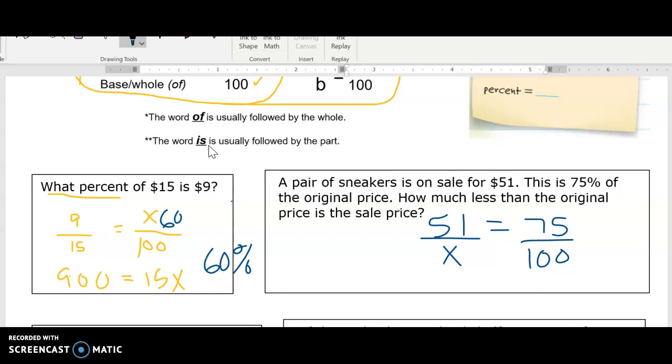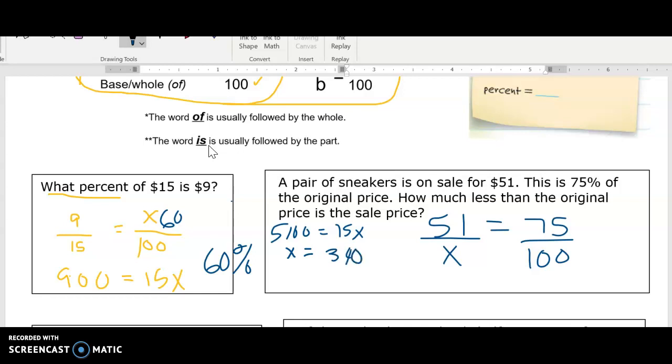So this is multi-step. So you're going to cross multiply. So 5100 equals 75x. X equals, and I'm going to do 5100 divided by 15. I'm going to get 340.